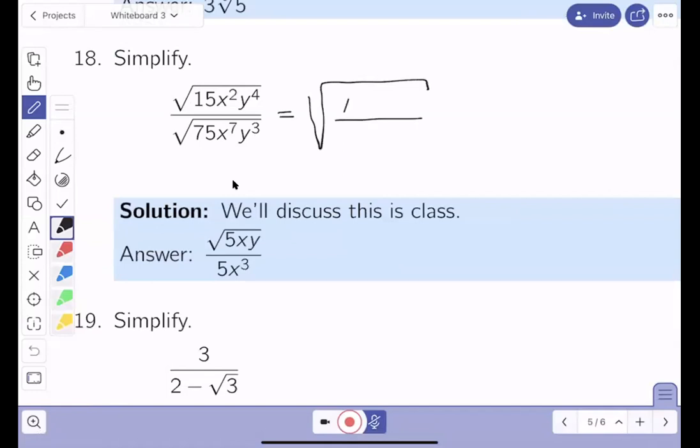What would you get? 15x²y⁴ over 75x⁷y³. I'm going to keep reducing it if I can. And I'm looking at it and I'm seeing it really doesn't look that bad to me. I mean, 15 over 75, right?